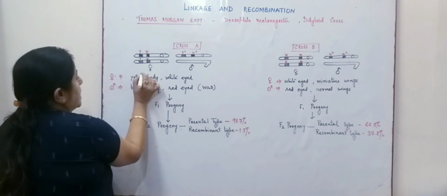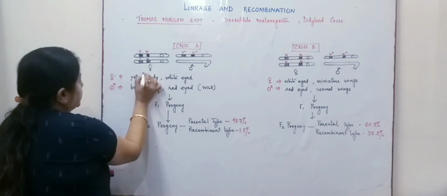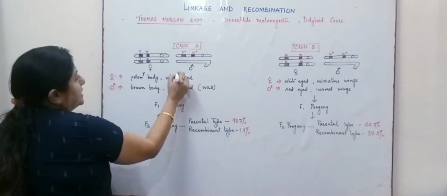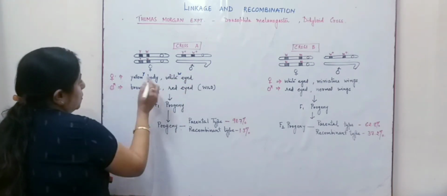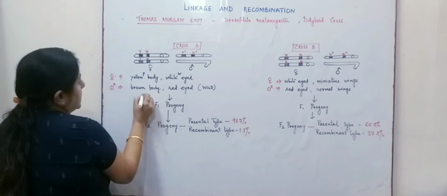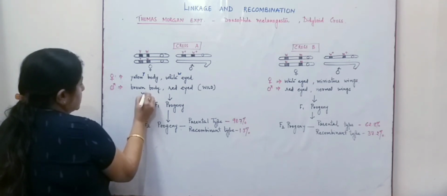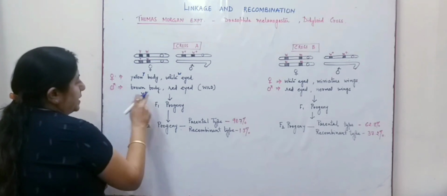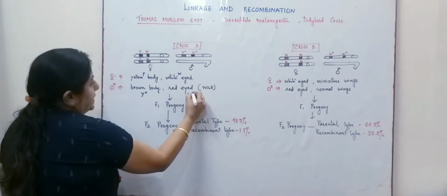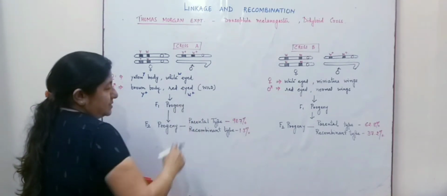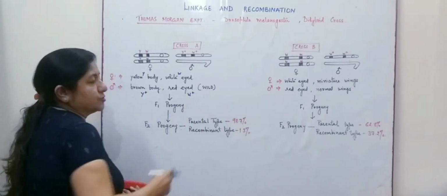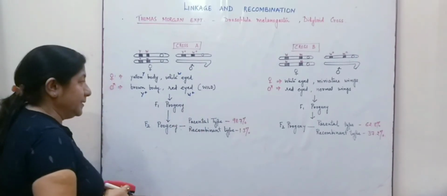Yellow body is marked as Y and white-eyed is small w, that is in lowercase. Brown body is marked with a superscript plus sign on Y again, and red-eyed is marked with the W plus. Plus is superscript. This is also the wild variety.